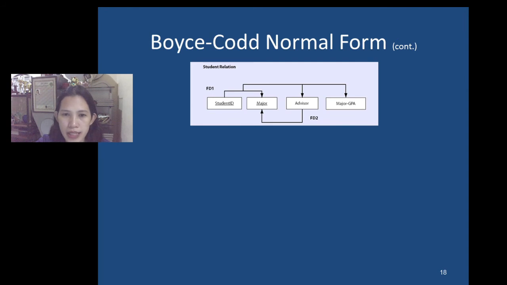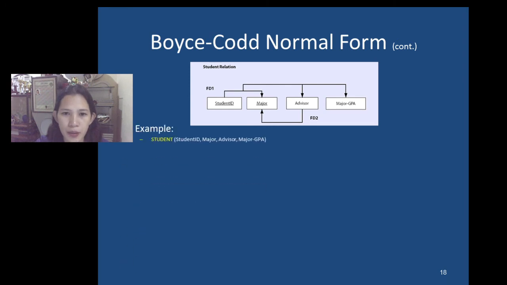Let's take a look at this example. Since our client, vet, and pet relations are already in the normal form, we'll take a look at another relation. In this example, we use the student relation.